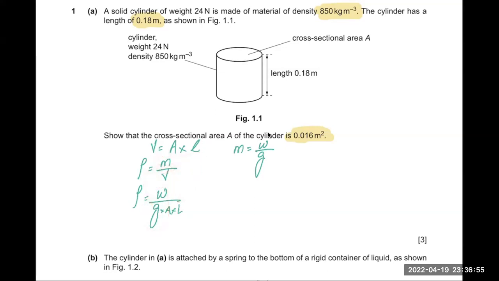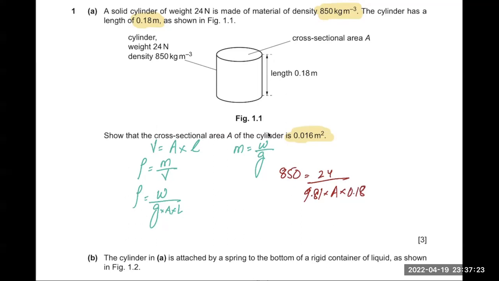And all you need to do next is plug in the values, make area the subject of the equation, and solve for A. So the density of the cylinder is 850. The weight is 24 divided by G, which has a value of 9.81, times the cross-section area, which is an unknown, times the length, which is 0.18.